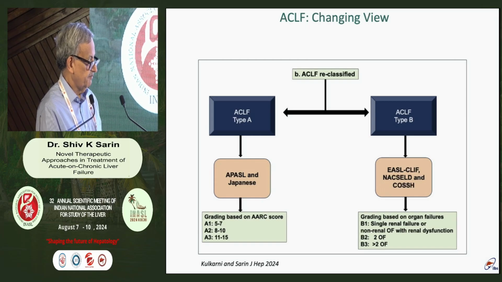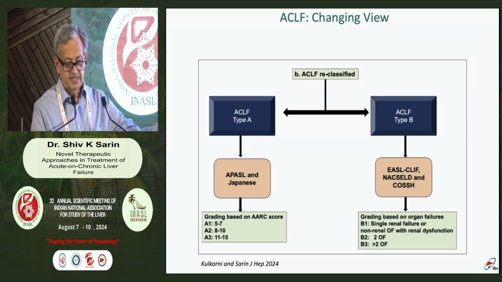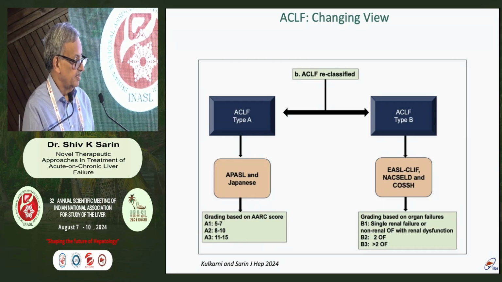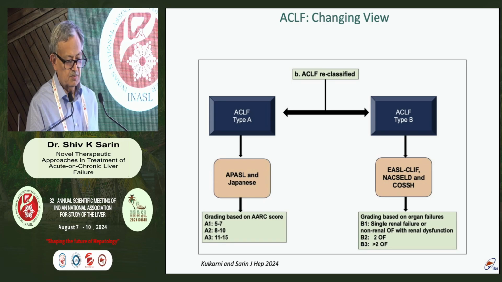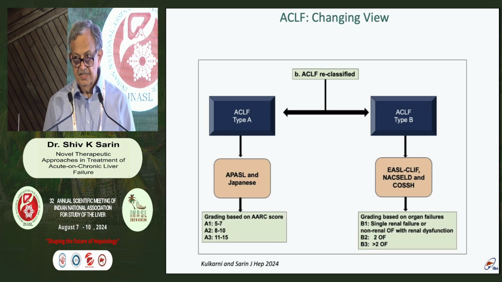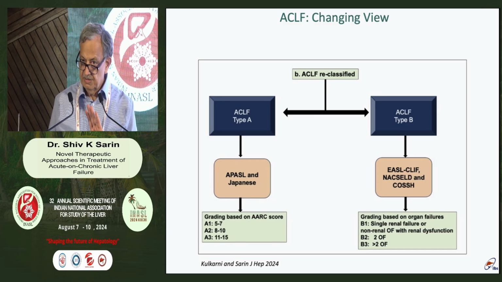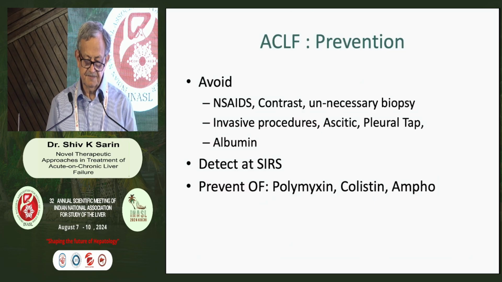So this is one way. The patient comes, you say type A ACLF, meaning liver dominant, and you can say type B ACLF, which has the Chinese, the NACSEL and EASL, where you may have a single kidney or 2 organ or more than 2 organ failure. This is to simplify and say this patient has not come with liver failure alone, but this may be simplistic, just to give you where we think the harmonization of definitions can take place.